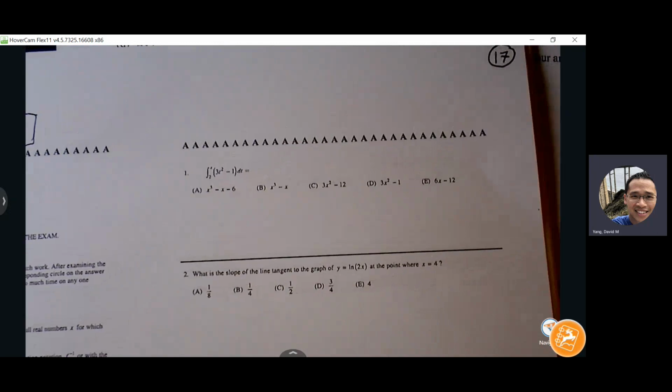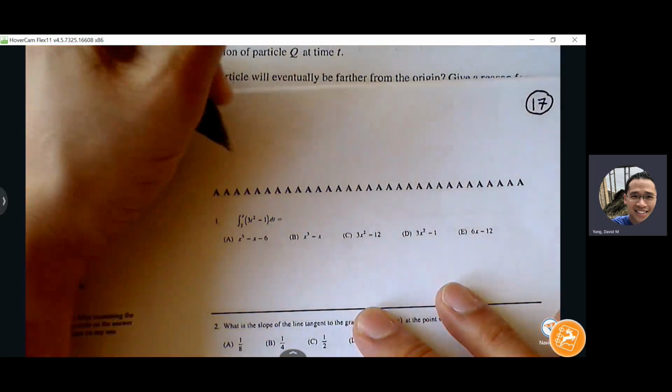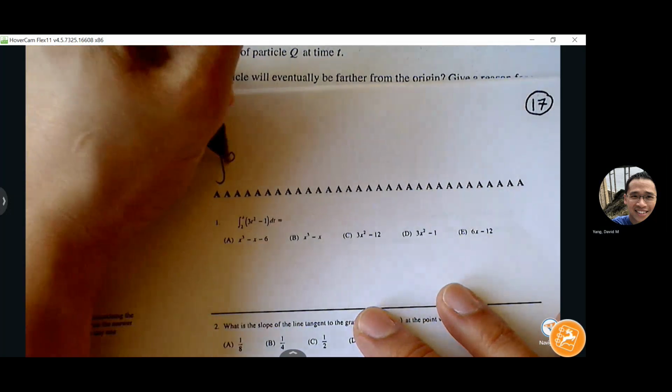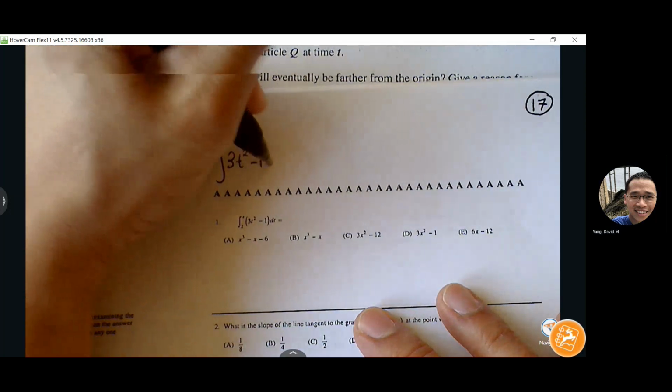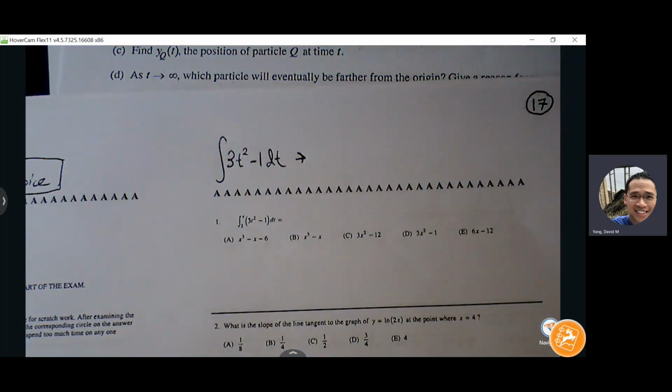Okay, page 17. Integral from 2 to x of 3t squared minus 1. Just treat it like a power rule problem. And then we can work in the bounds once we do power rule.